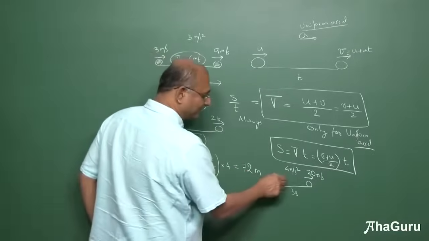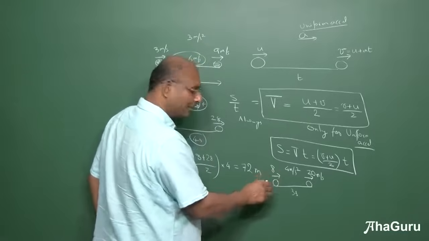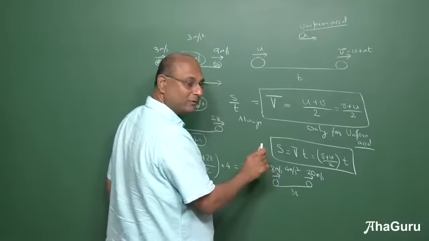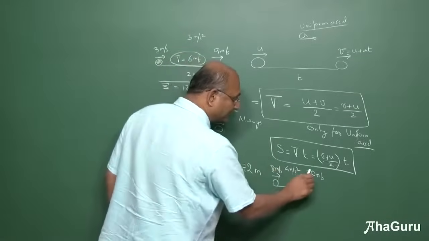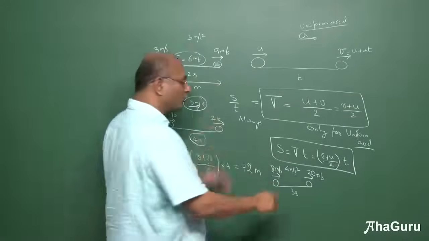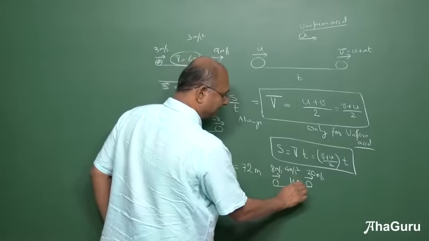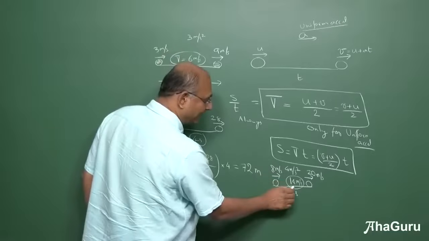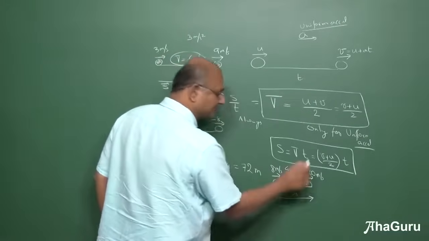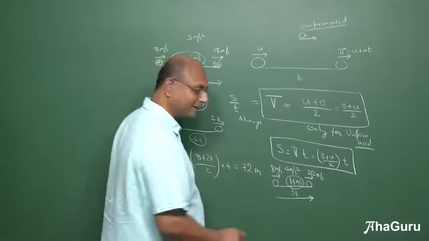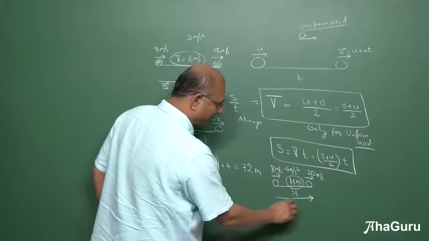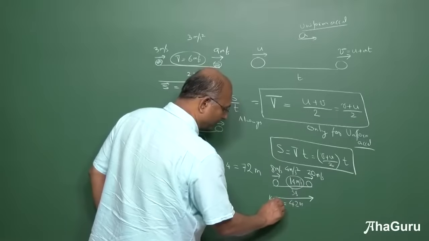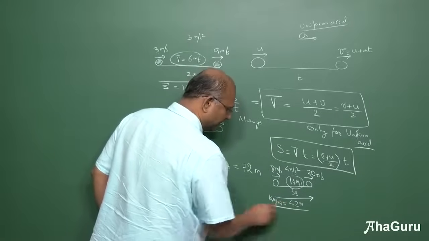What do you think the initial velocity should be? 8 meters per second, because 8 plus 12 will give me 20. Now 8 plus 20, 28 by 2 is 14 meters per second. That is the average velocity. So 14 into 3 will be our displacement. How much is 14 into 3? It is going to be 42 meters, because this is 14 into 3 seconds.